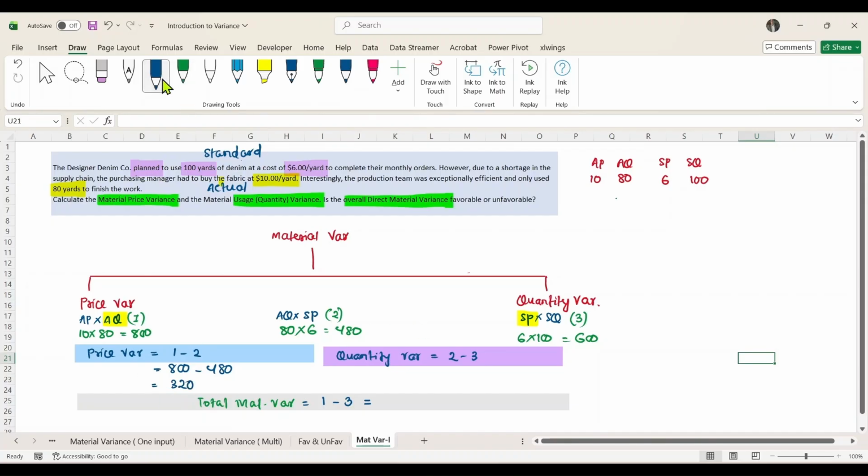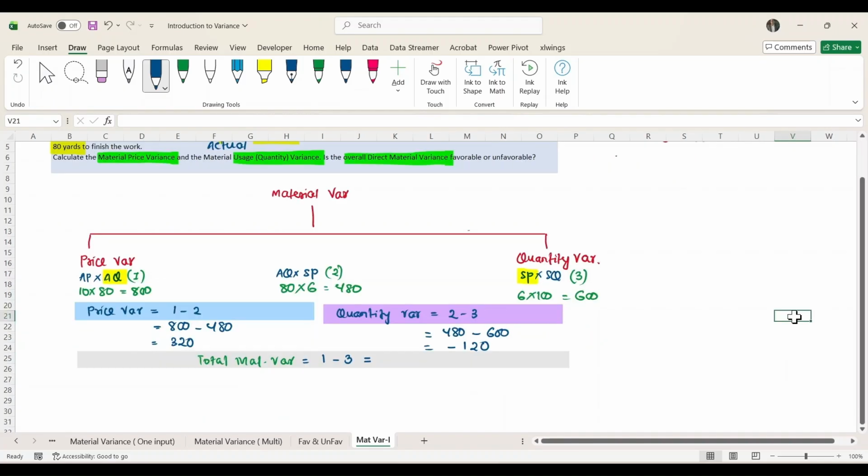And here this is 480 minus 600, that becomes minus 120. And now this last part becomes 1, which is 800, minus this 600, that is equal to 200.